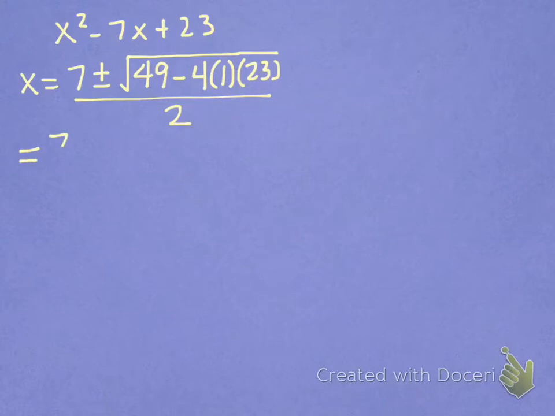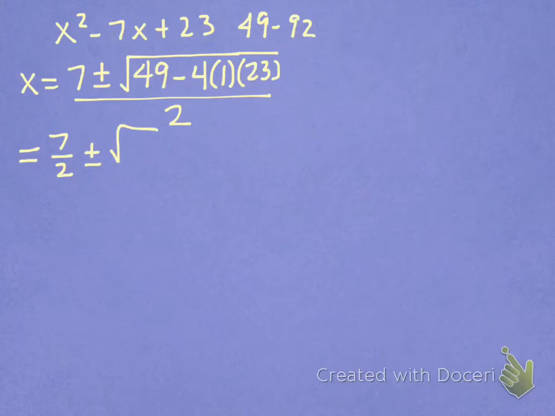Then we clean up and we get 7 over 2, plus or minus the square root of our discriminant, 49 minus 92, which gives us negative 43.